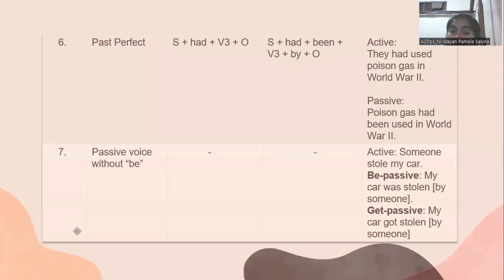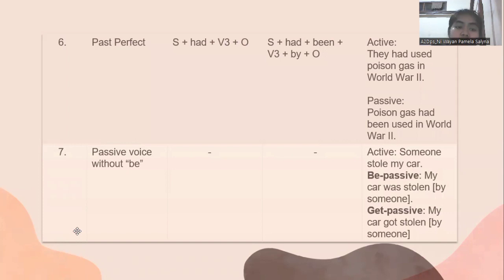For example, active voice: they had used poison gas in World War II. And for the passive voice: poison gas had been used in World War II.